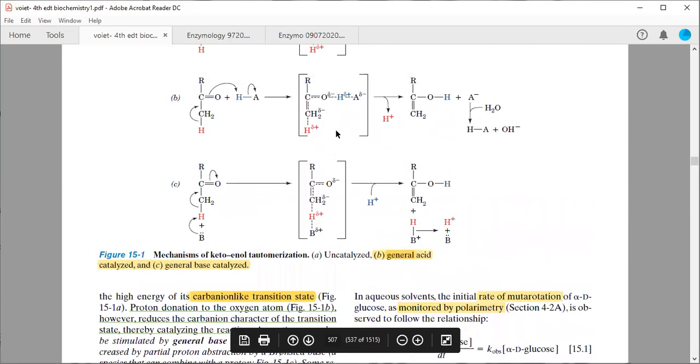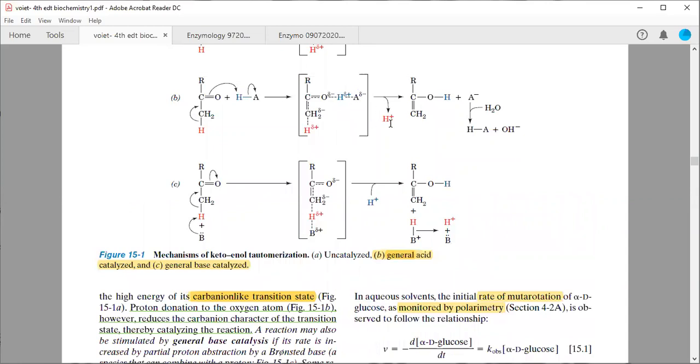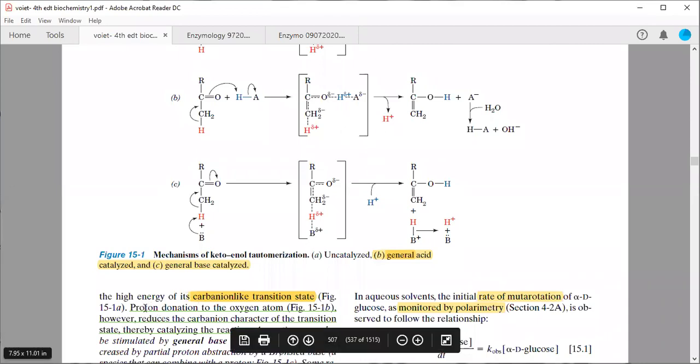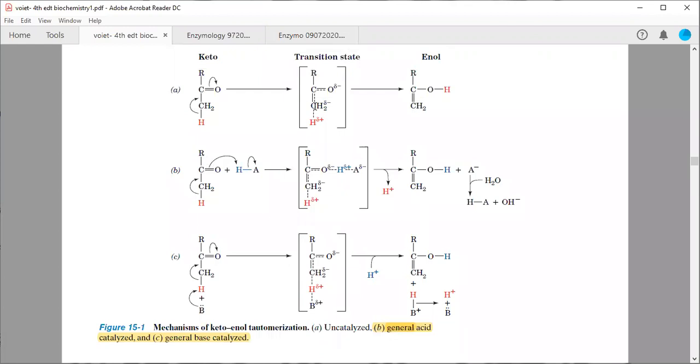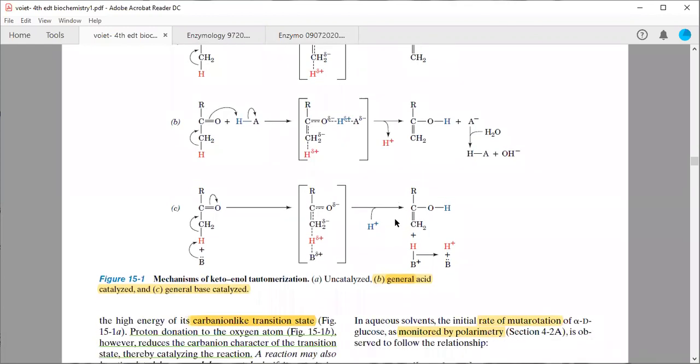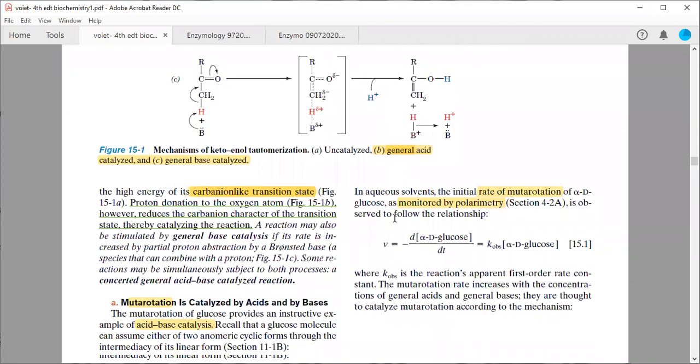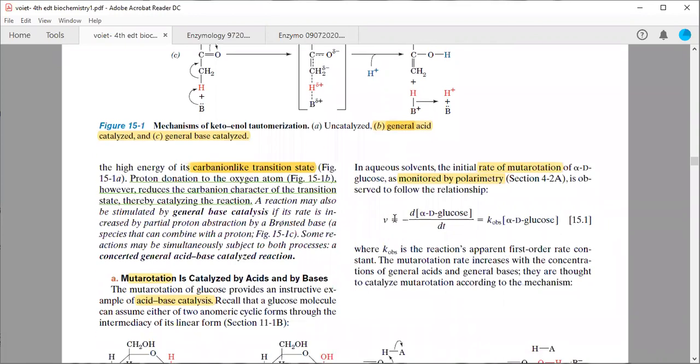Either an acid or a base can do this job by donating the proton to the oxygen atom, so there is less probability of forming this transition state, and ultimately the rate of reaction will be high.